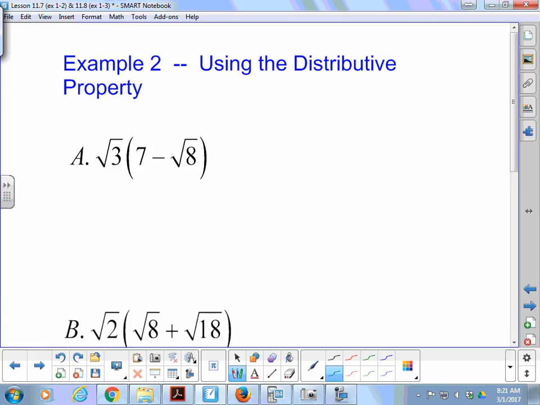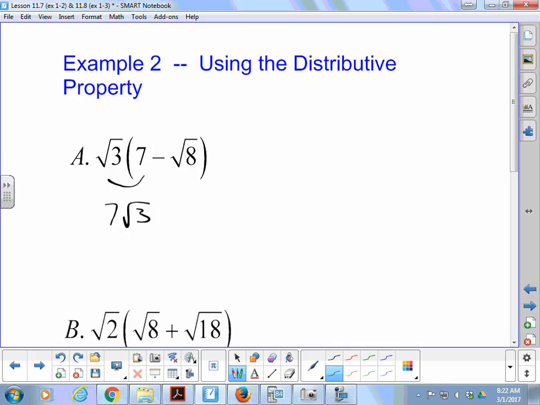So with this first one, the square root of 3 times 7 minus the square root of 8. When I multiply the square root of 3 times 7, now the 7 is not under the radical, so that's got to be outside of it, so that's going to be in the front. So it's going to be 7 times the square root of 3.